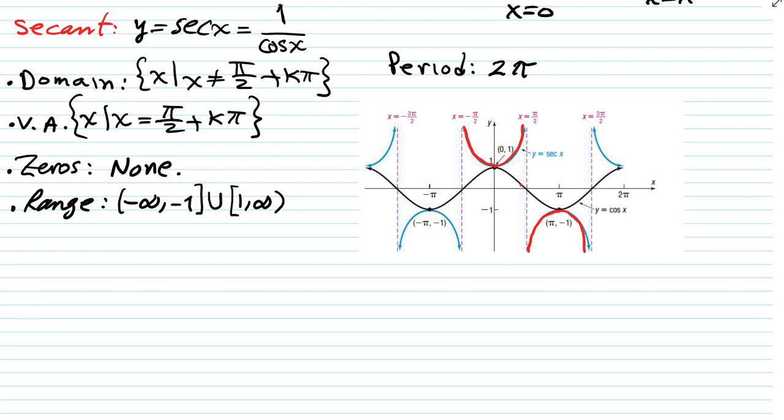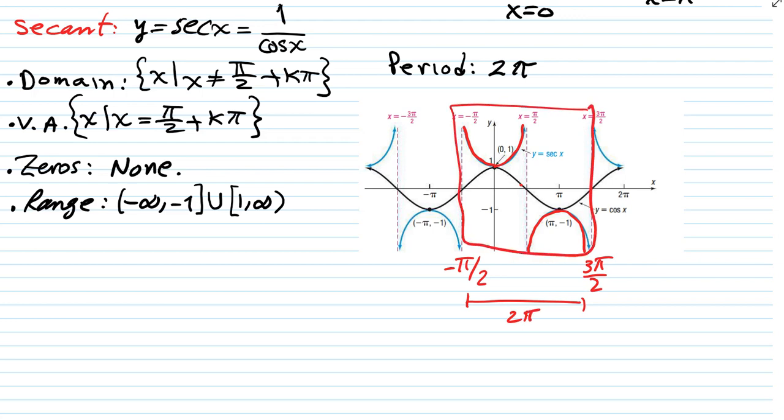But keep in mind that we have one cycle between negative pi over 2 and 3 pi over 2. The distance from here to there is 2 pi. So that would be one complete cycle right there.